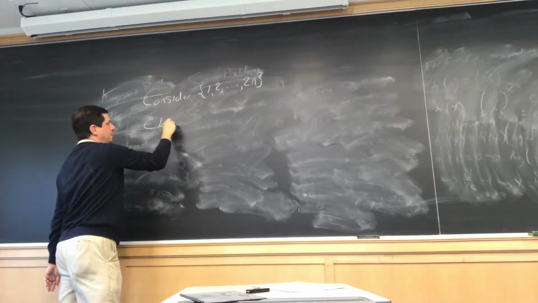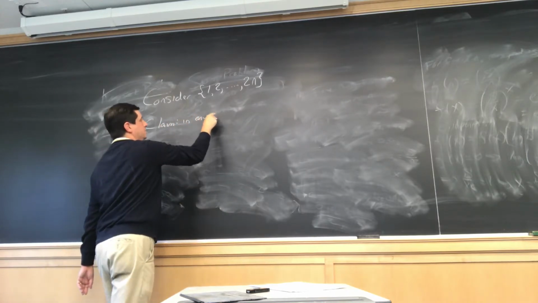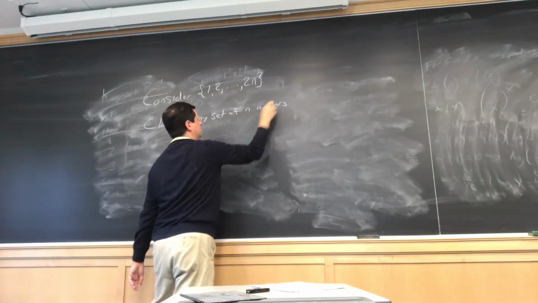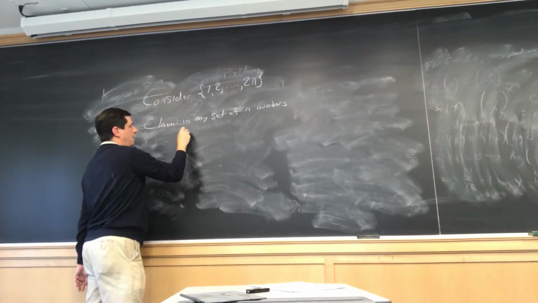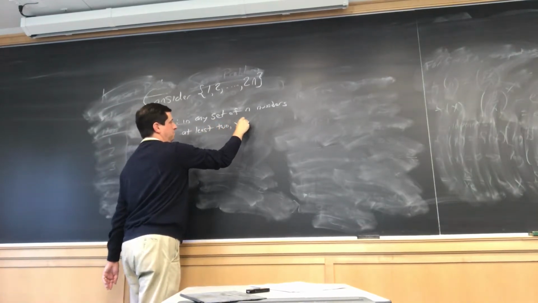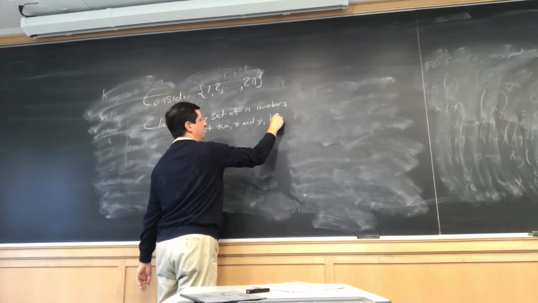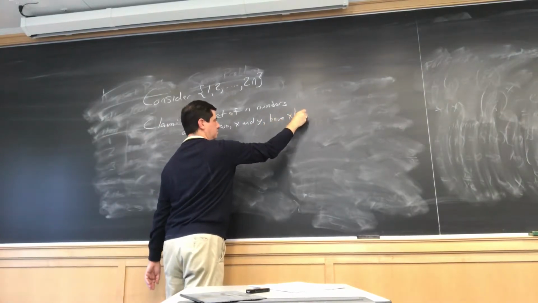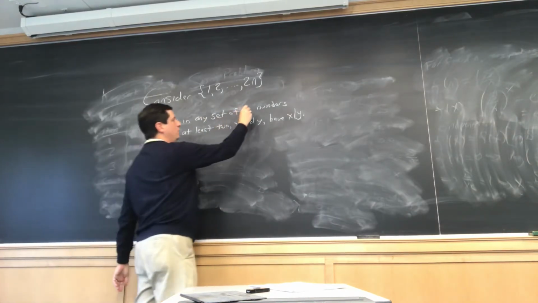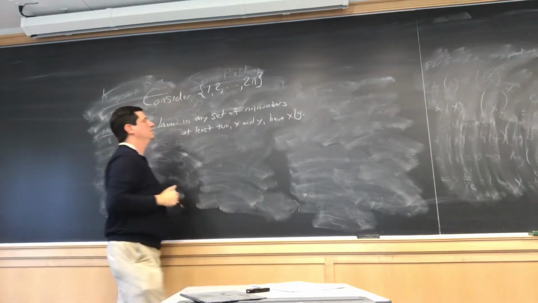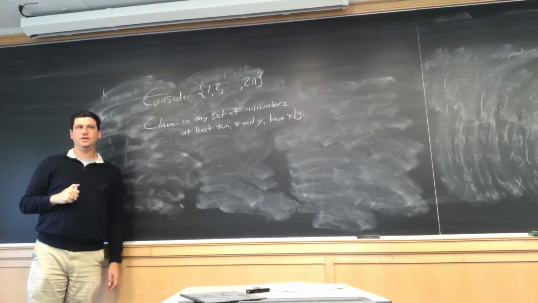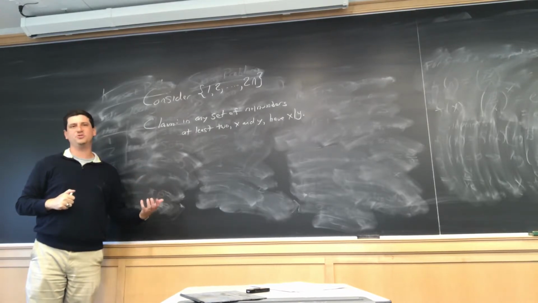The claim is that in any set of n+1 numbers, there are at least two, x and y, such that x divides y. It is not possible to choose n+1 numbers without having one divide another. What's an easy number to put in your set to make sure that this is going to happen?